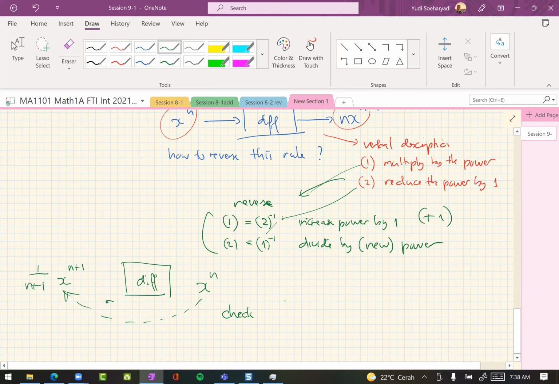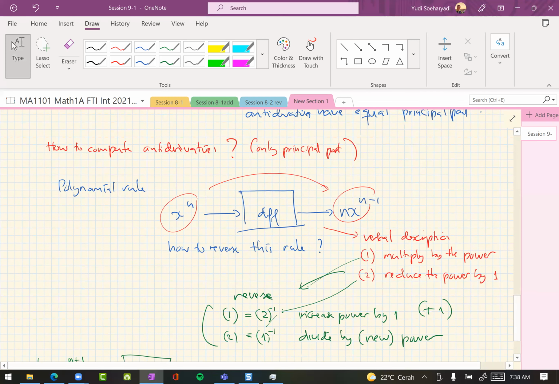This is the principal part. The derivative rule is multiply by the power, so that's just 1, and then reduce the power by 1. Right, so that's how you find it as well.